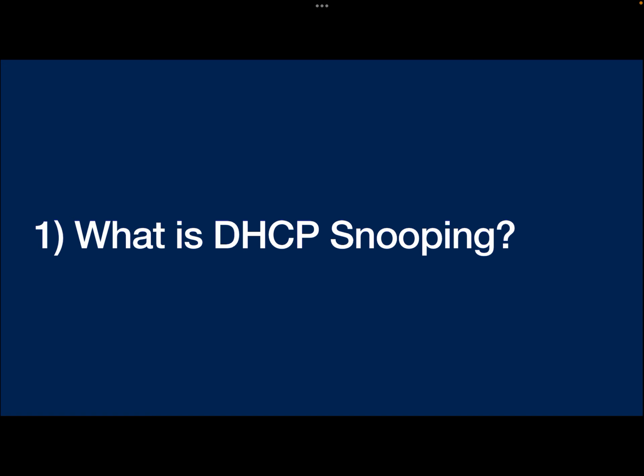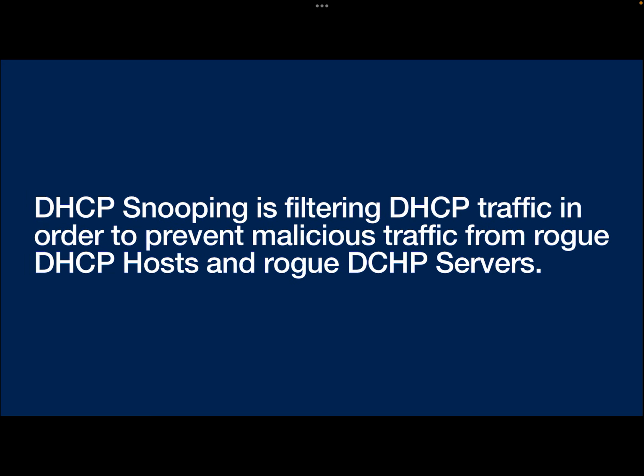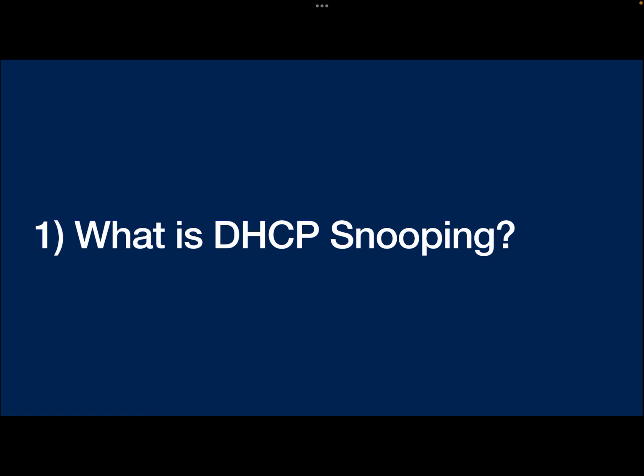Now, what is DHCP snooping all about? Well, DHCP snooping is a security feature that's there to protect us from DHCP-related attacks. So defined here, DHCP snooping is filtering DHCP traffic in order to prevent malicious traffic from rogue DHCP hosts and rogue DHCP servers. You see, the actual protocol, Dynamic Host Configuration Protocol, is something which can be exploited, just like the release message I just spoke about, which is to relinquish an IP address.